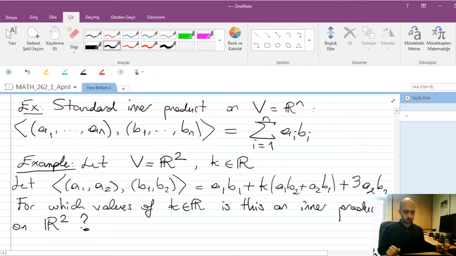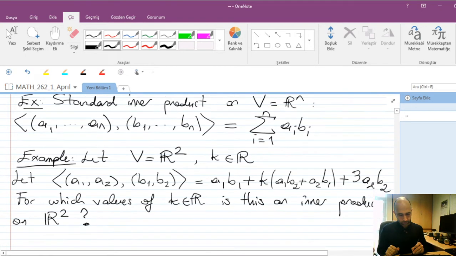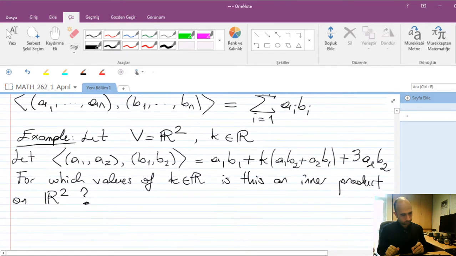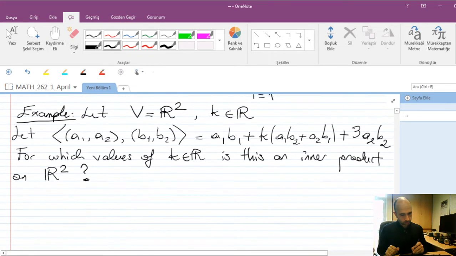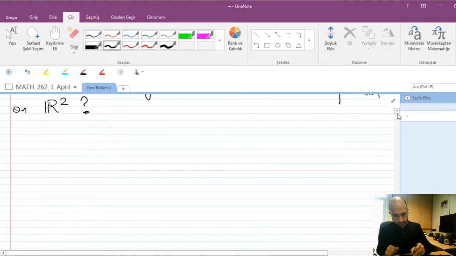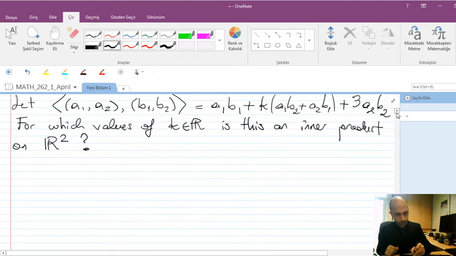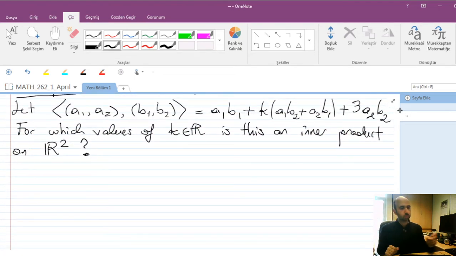Okay. So what's happening here? Let me not spend too much time, but if you think about it for a few minutes or write it down, you'll see that rules 1 and 2 are clearly satisfied independent of what k is.